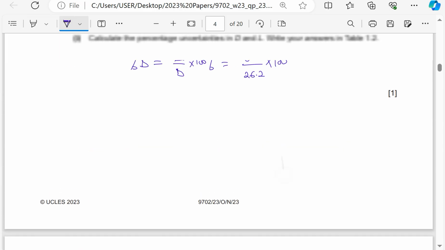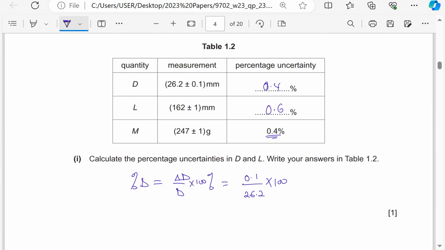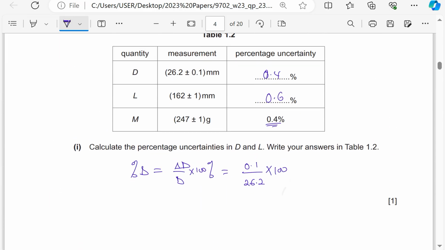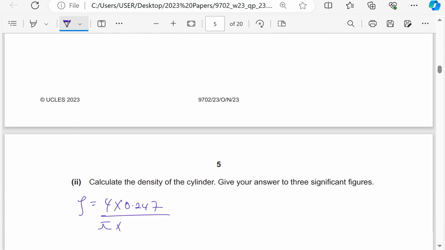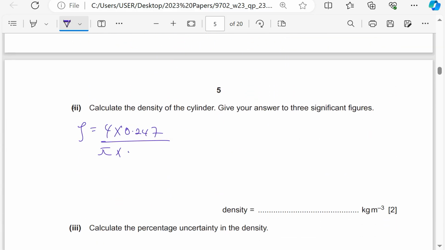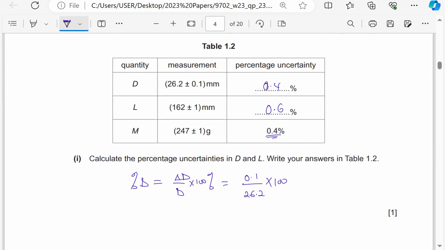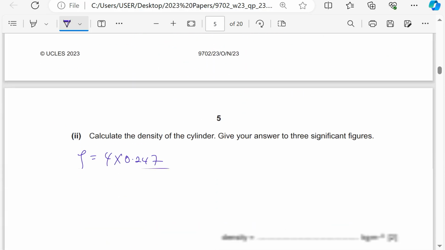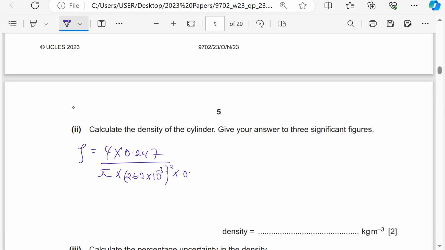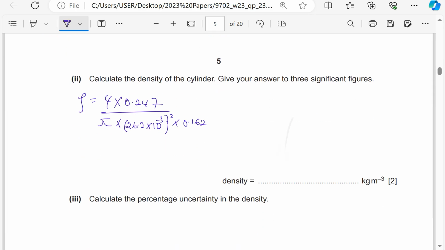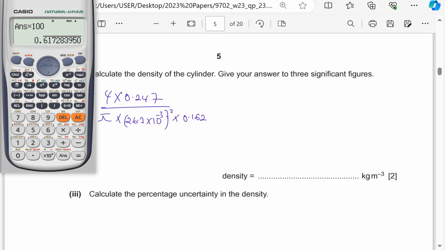Then the diameter is 26.2 divided by 1,000, because it's in millimeters. I'll simply say 26.2 times 10 to the power of minus 3, but this is squared, times L. L is 162 millimeters, which is 162 divided by 1,000, that is 0.162, to change it to meters.